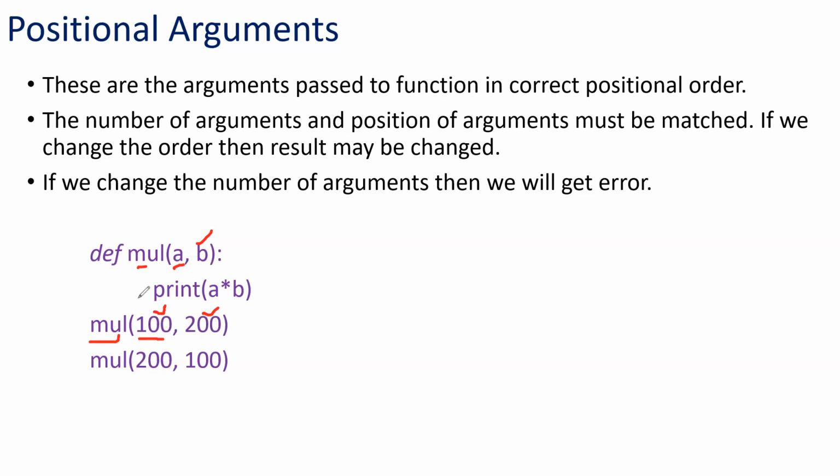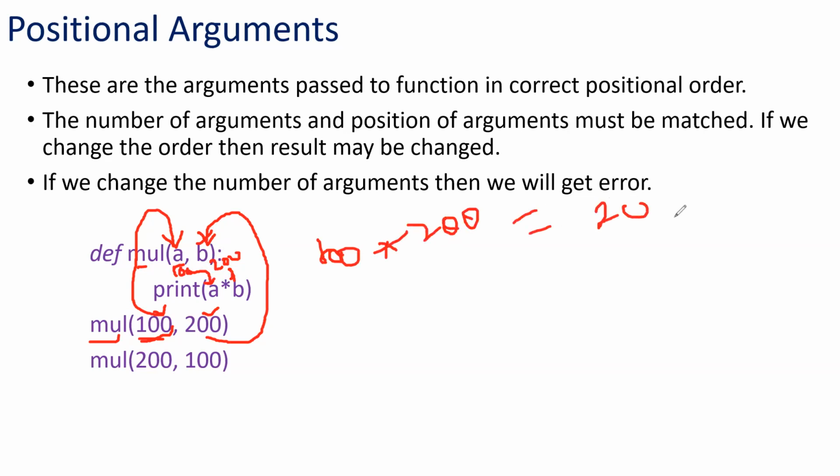So the function takes the first position value as the first parameter, and the second value is taken as b. The same values will be passed here and here. So it prints 100 into 20, so the output is 2,000. This is one type.